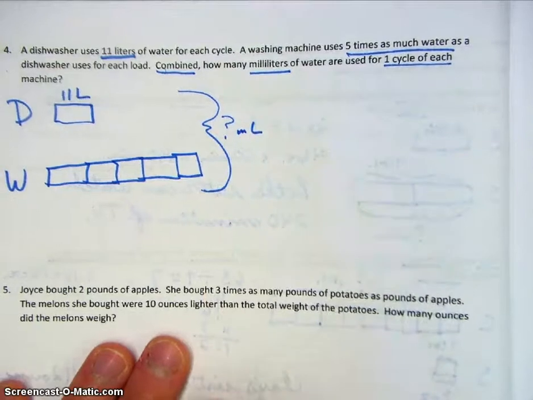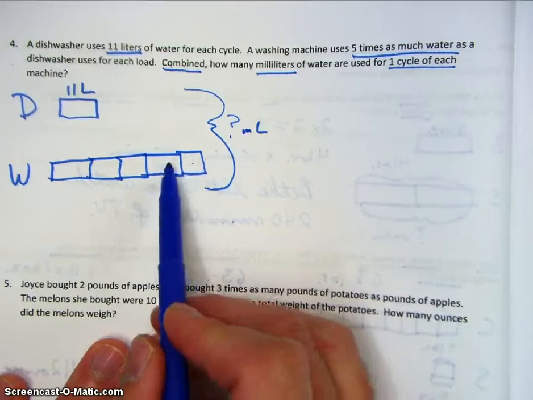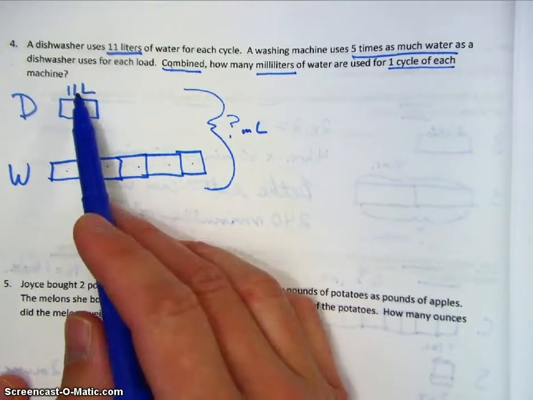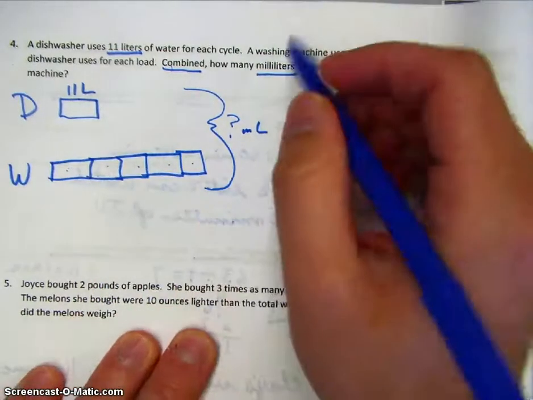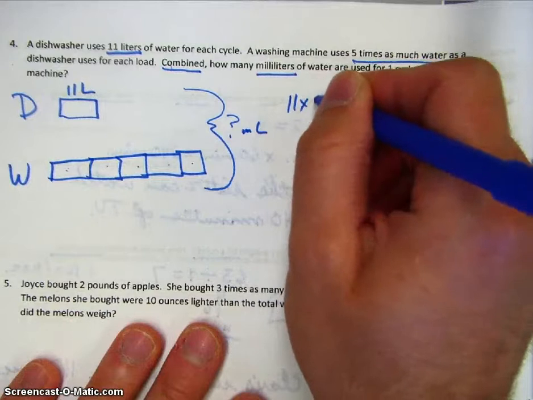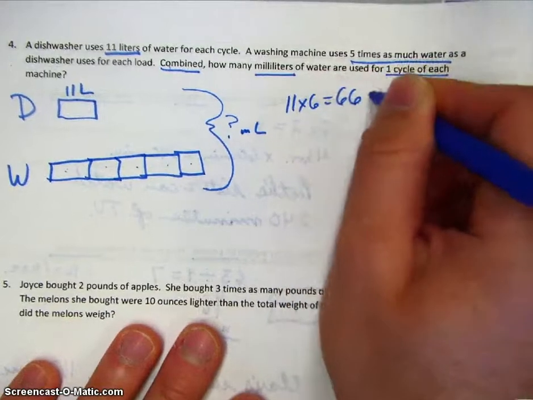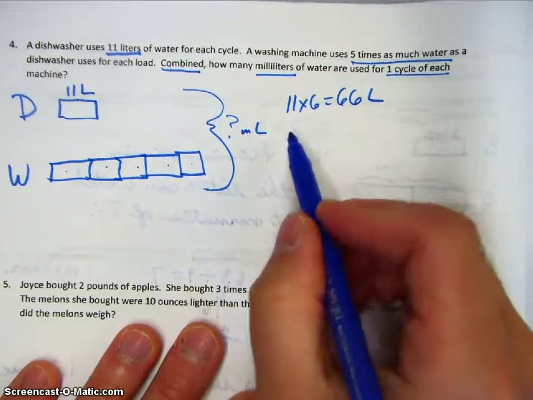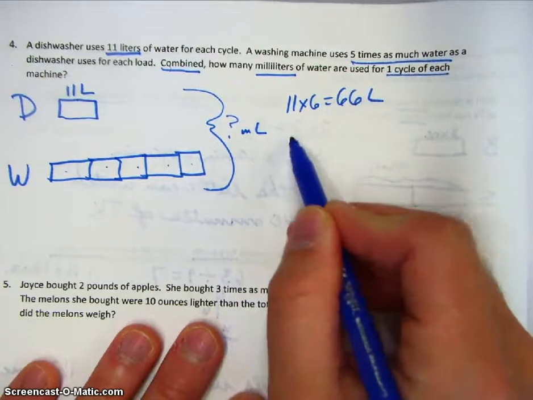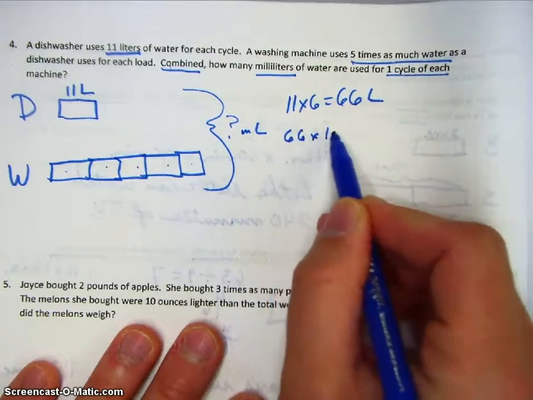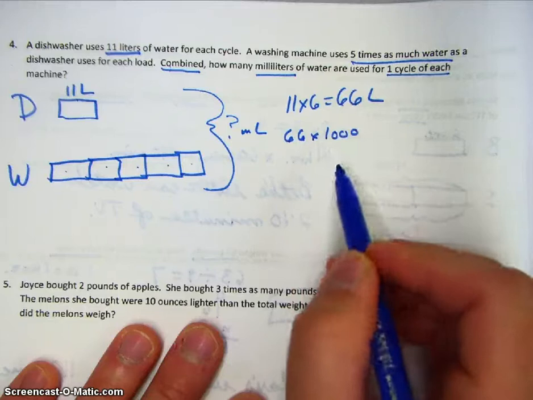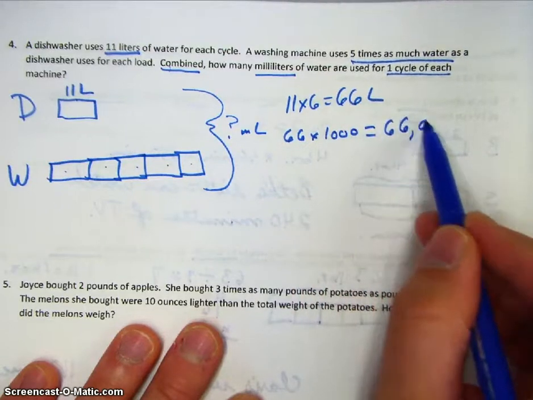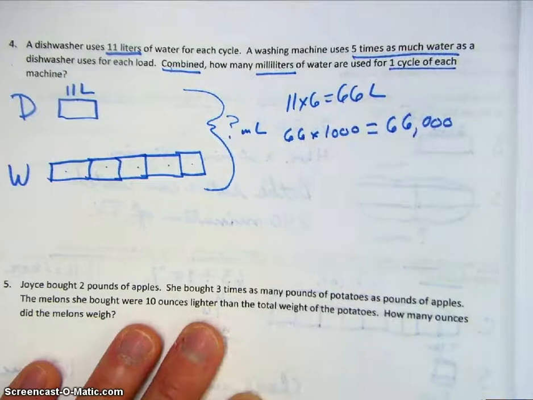So first off, we can see that we have 6 boxes here, each representing 11 liters. So the first thing we do is 11 times 6 to get 66 total liters. Now to convert our liters into milliliters, we have 66 times 1,000, which gets us 66,000 milliliters.